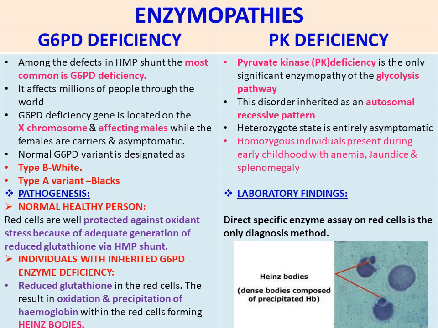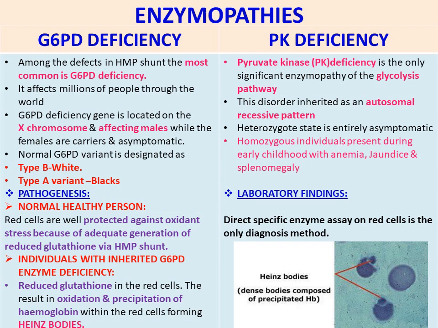Pathogenesis: in a normal healthy person, red cells are well protected against oxidant stress because of adequate generation of reduced glutathione via the HMP shunt. In inherited G6PD deficiency, reduced glutathione in red cells will be less.